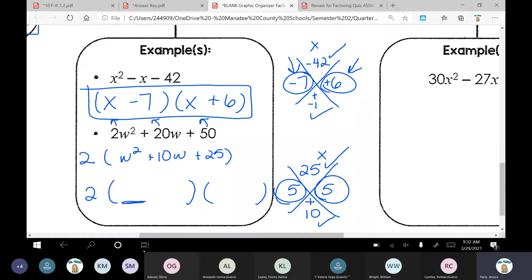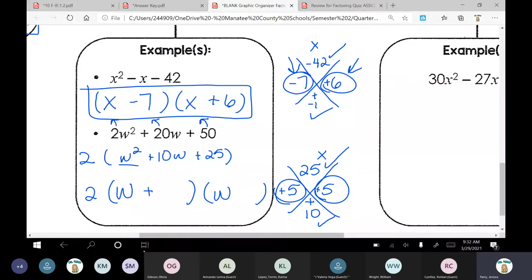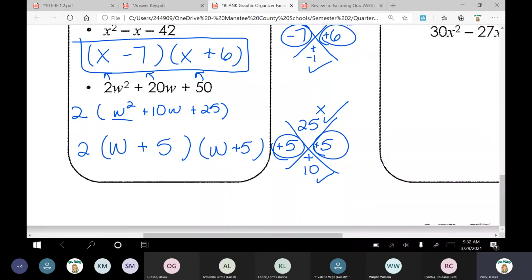Let's write out our final answer. Remember, the first spot in your parentheses is for the variable. They're using the variable w. So here's a w, here's a w. And then we've got a positive 5 and a positive 5. You can just plug that in. Plus 5, plus 5. Okay? Technically, that's your answer there. But you can see this w plus 5 is getting multiplied by itself again. So another way to write this, one step further, is to square the w plus 5.